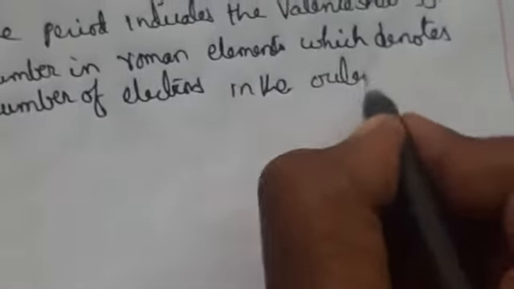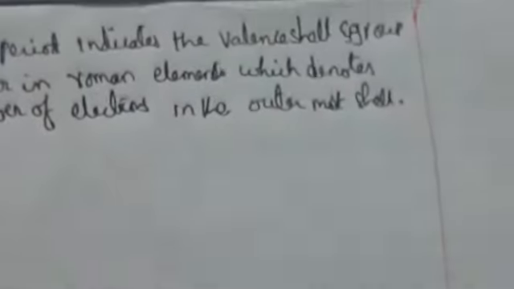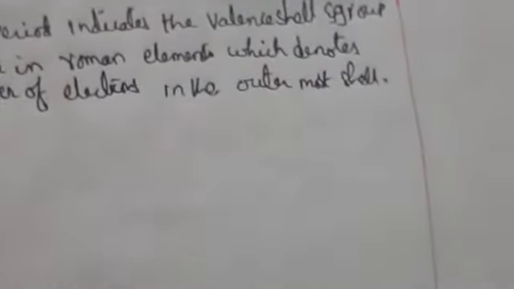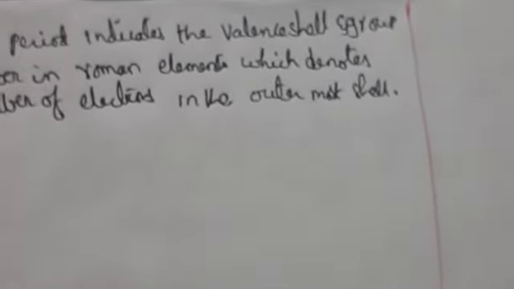Outermost shell or valence shell is the same. So the elements of group 0 have 8 electrons in the outermost shell. Why? Because it is completely filled.